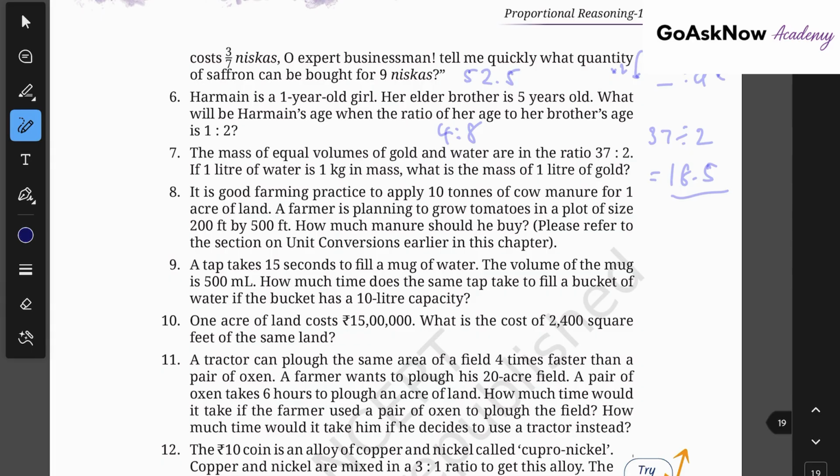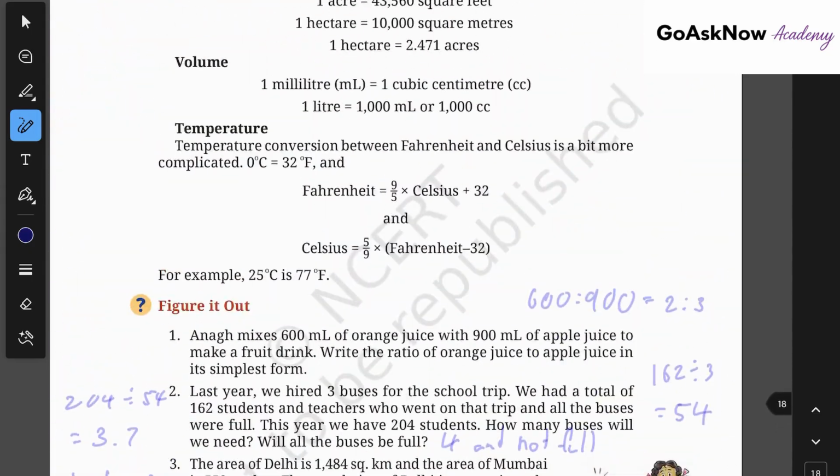First, we have to find the total area of the field. So you do 500 times 200. It should give you 100,000 square feet. And since it takes 10 tons of cow manure for 1 acre of land, we have to convert this square feet into acres. So we have to go back to the unit conversion.